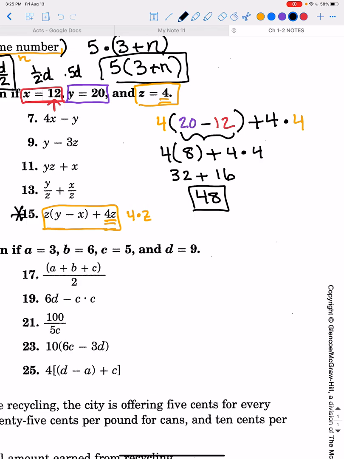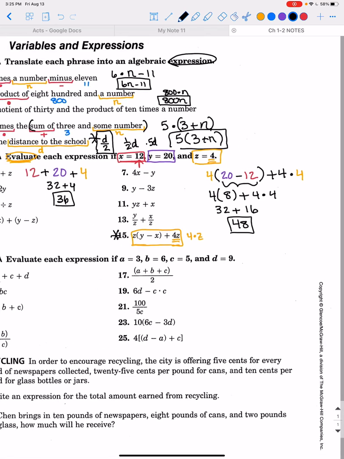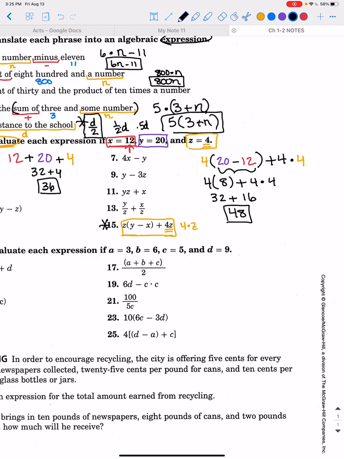A couple of notes that I wanted to just go over really quickly. One is we talked about PEMDAS yesterday, and I told you that it's parentheses, exponents, and the multiplication division, and I told you they are on one level, and when you do those, you do them left to right, and then addition and subtraction are on one level, and you do those left to right.